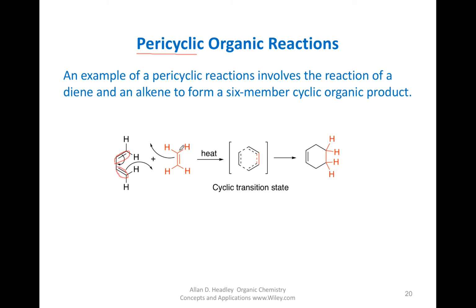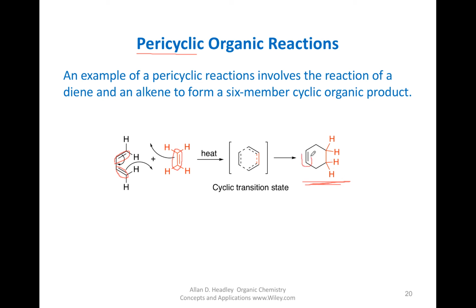And it reacts with another molecule which is just an alkene. And interestingly, these electrons move out to form a bond right here, and these electrons move out to form a bond right here. So we have a cyclic transition state, and the final product here is a cyclohexene.